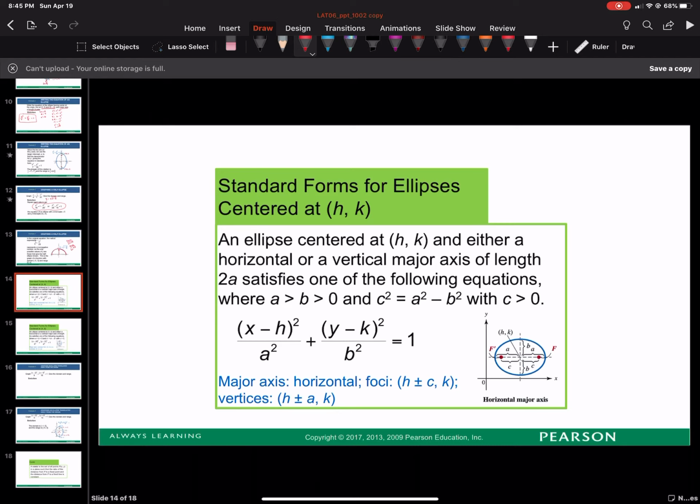So we have x minus h squared over a squared plus y minus k squared over b squared is equal to 1.